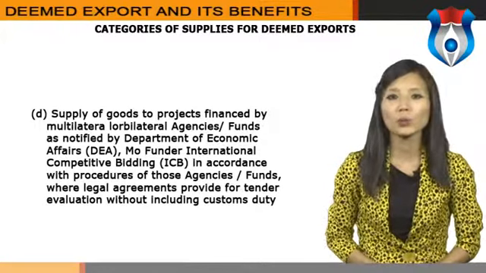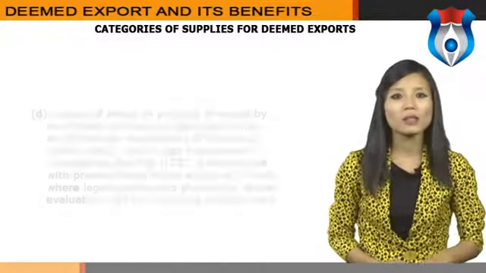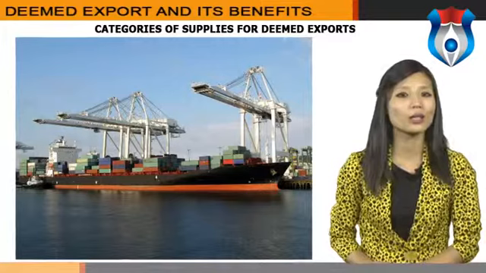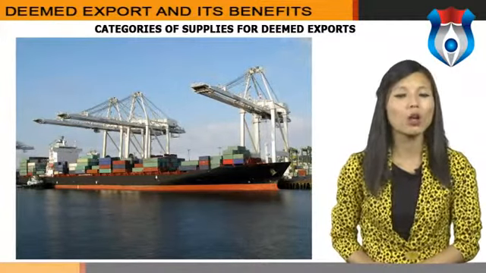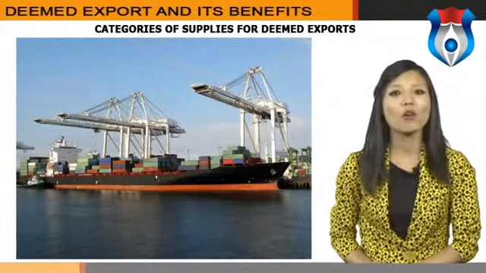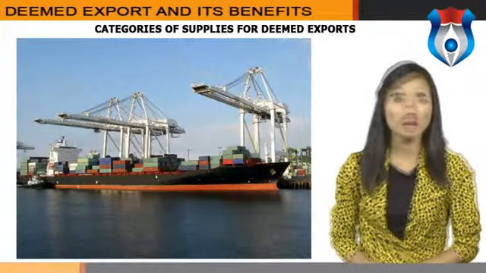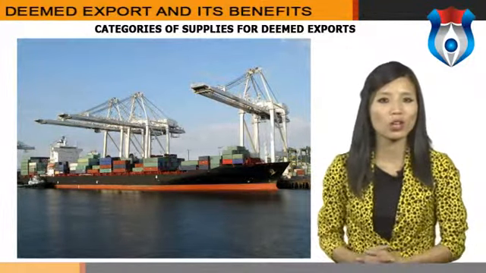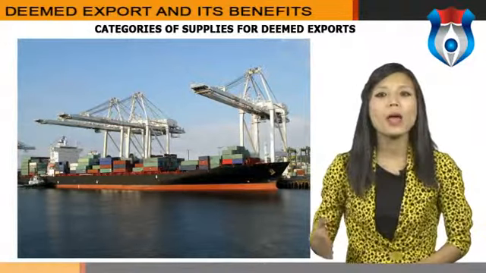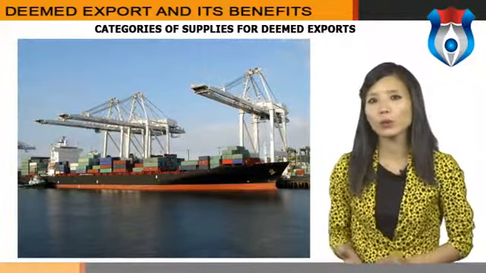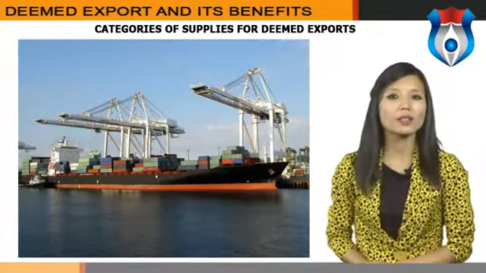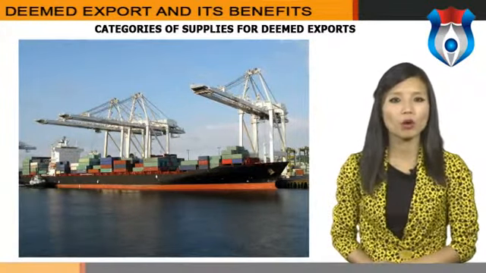tender evaluation without including customs duty. Supply and installation of goods and equipment, single responsibility turnkey contracts, to projects financed by multilateral or bilateral agencies or funds as notified by DEA, under ICB in accordance with procedures of those agencies or funds, where bids may have been invited and evaluated on the basis of delivered duty paid, DDP, prices for goods manufactured abroad.